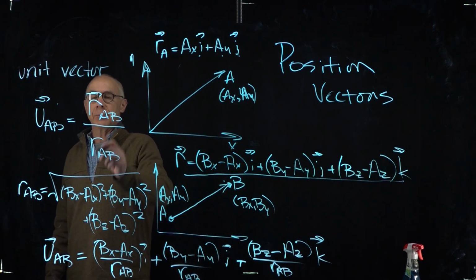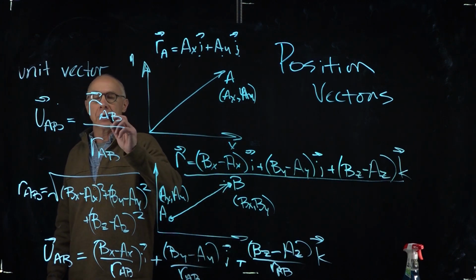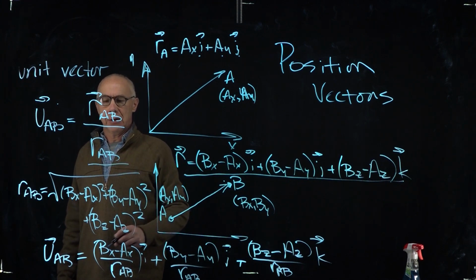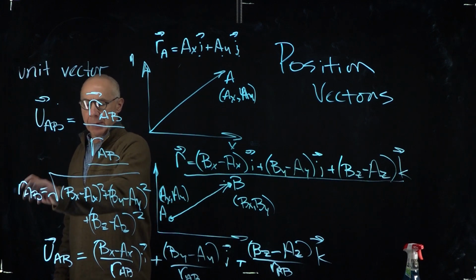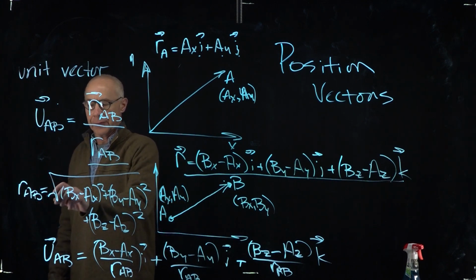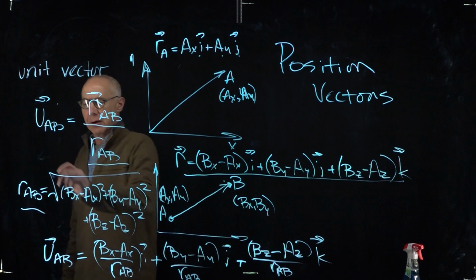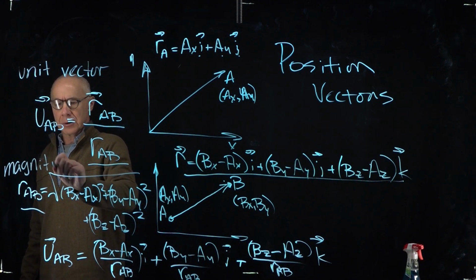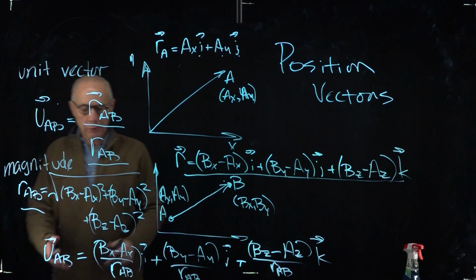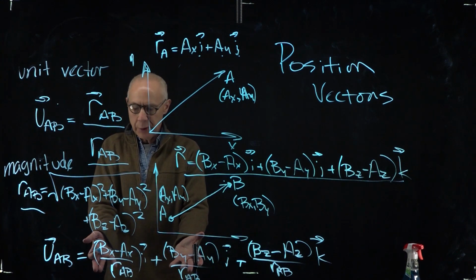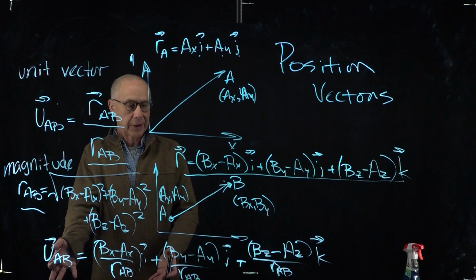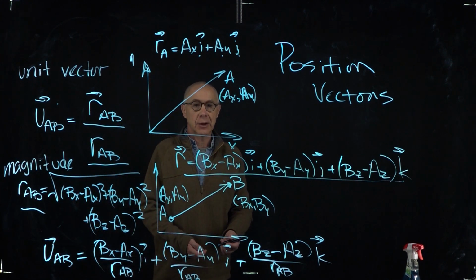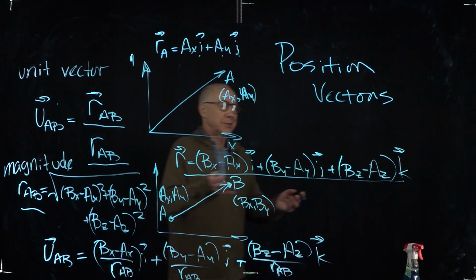We basically said that unit vector is the position vector divided by the magnitude of the position vector. We showed the Pythagorean theorem for finding that magnitude. And lastly, we wrote the result, how we actually would find that unit vector in the direction from A to B. And that's all I want to talk about today.